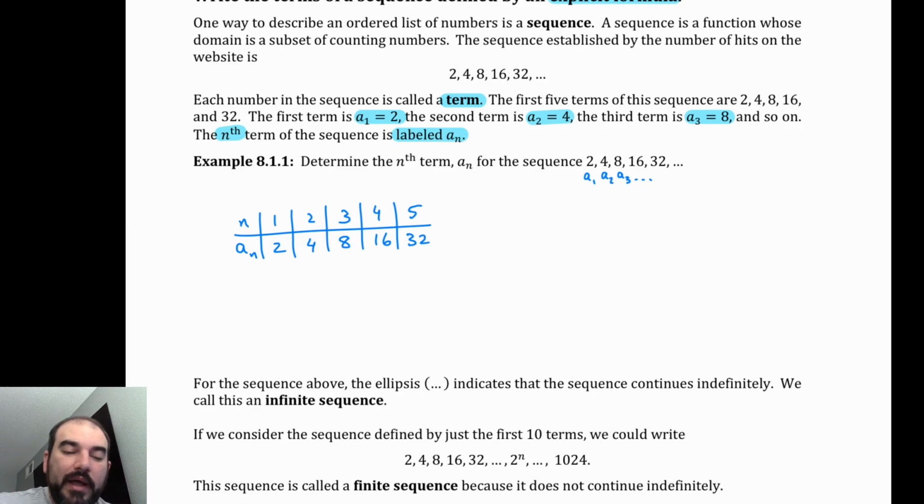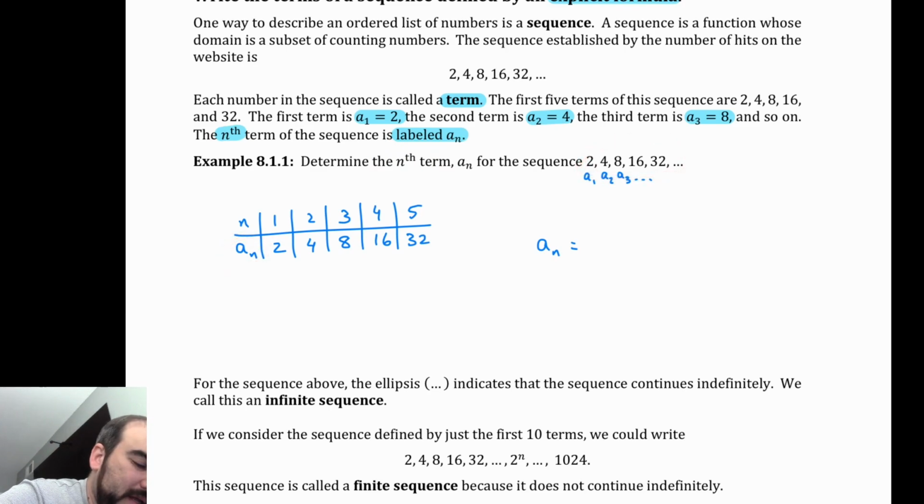So while the pattern from one term to the next is helpful in finding that equation, we're more worried about going from n, the input, to the output, which is the values of the terms. So a sub n will be some kind of formula that has an input that's n and an output that is the value of the actual terms in the sequence.